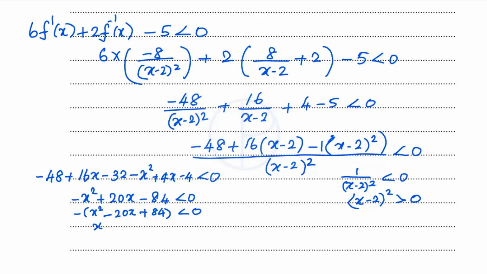Factorizing this, we get (x − 6)(x − 14). Okay, so here the critical points are 6 and 14.